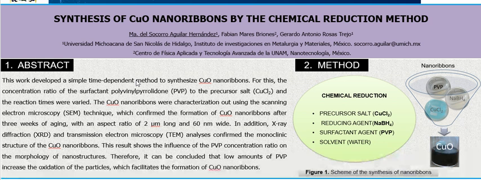Therefore, it can be concluded that large amounts of PVP increase the oxidation of the particles, which facilitates the formation of cupric oxide nanoribbons. Figure 1 shows a scheme of the synthesis of nanoribbons. The nanostructures were synthesized by a chemical reduction method using copper chloride as precursor salt, sodium borohydride as a reduction agent, and polyvinyl pyrrolidone (PVP) as a surfactant agent.